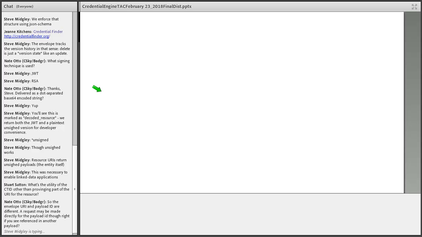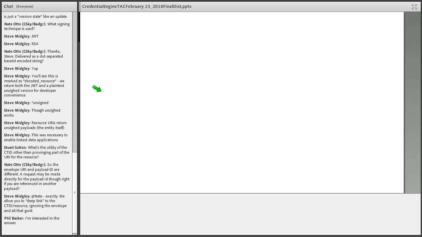The CTID itself. Well, you can kind of answer this question yourself, you know more about this than I do. Okay. So the CTID is basically intended to be a product identifier. If you want to compare it to an ISBN number or something of that nature, it's a unique identifier to whatever the thing is.